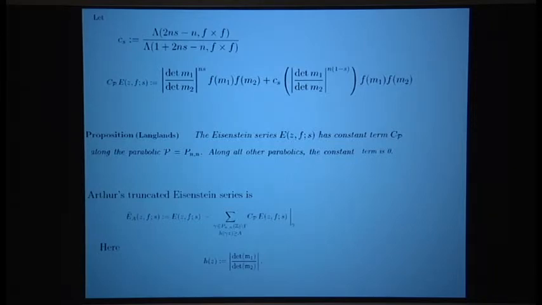And the height function is defined by the determinant of M1 divided by the determinant of M2. If the height function is bigger than or equal to capital A, where capital A is the truncation parameter, then we throw away the tail. Otherwise, you don't do anything. That's his definition of the truncated Einstein series.